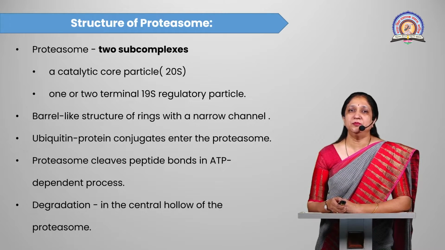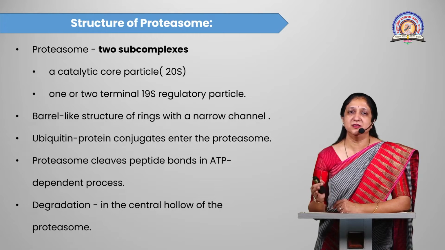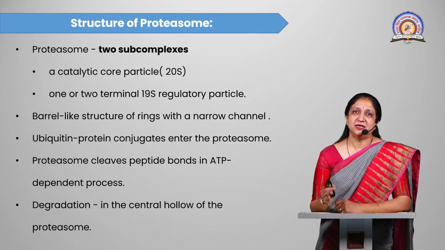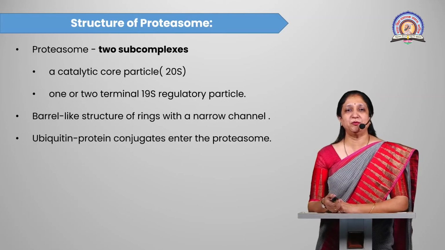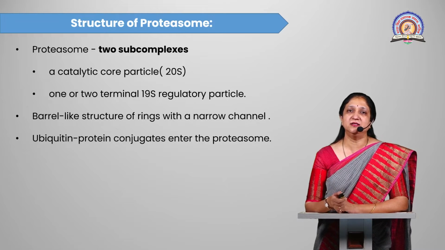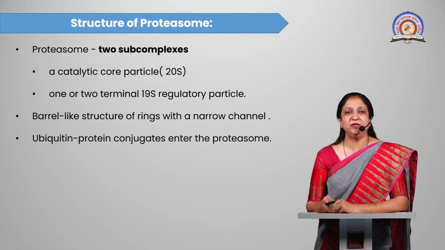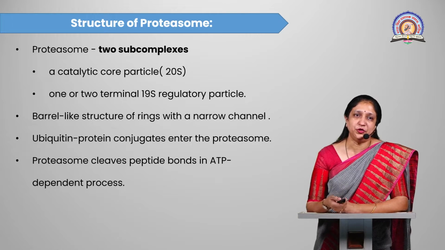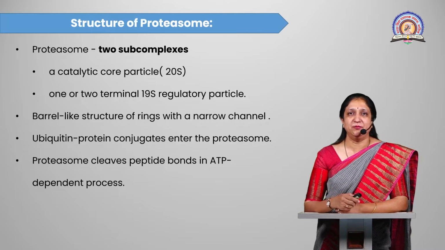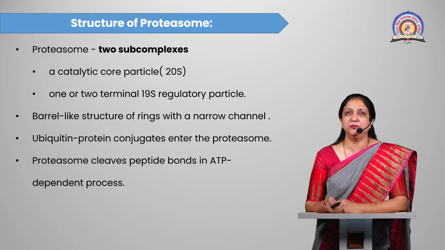The proteasome requires ATP in such a way that it can degrade the antigenic peptides. The ubiquitinated protein complex enters into the proteasome, and within the proteasome, the catalytic subunit of the proteasome cleaves the peptide bonds in an ATP dependent process.